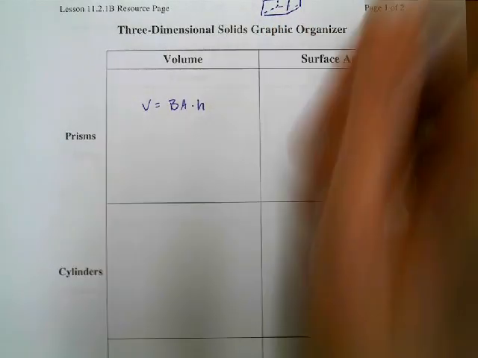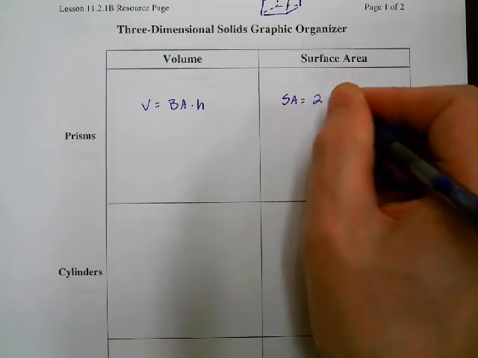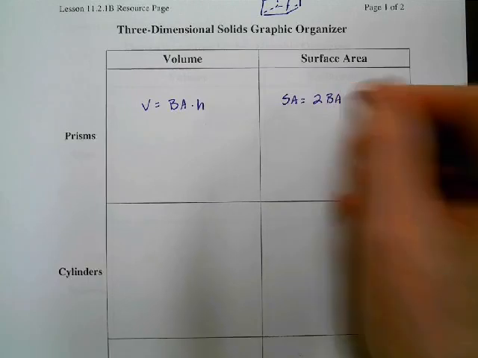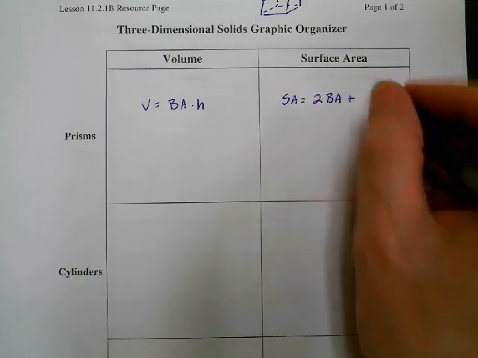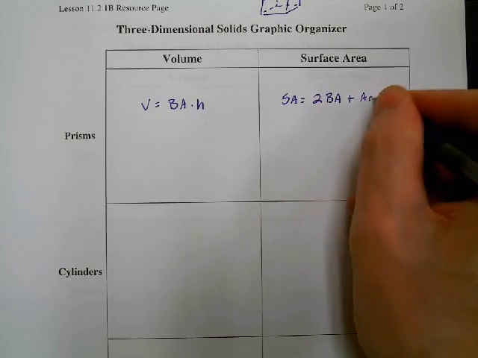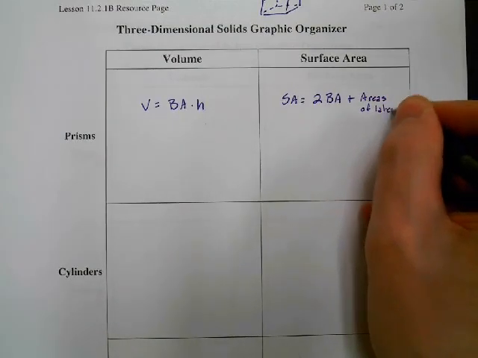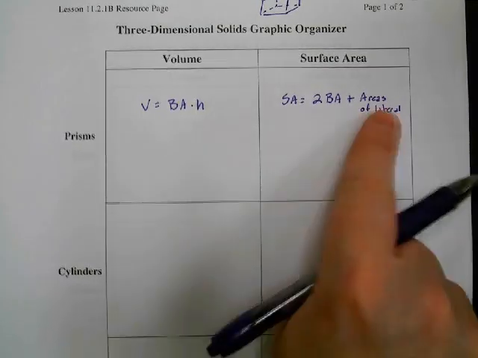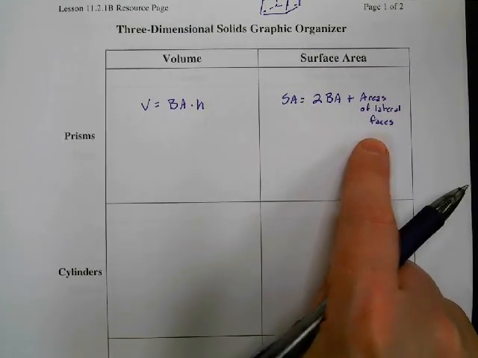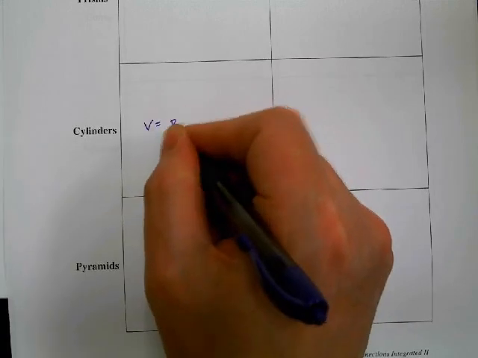So we said that the surface area was 2 of the base areas plus the areas of all the lateral faces. And we're going to come back to that, I think, eventually and talk about perimeter and stuff like that.